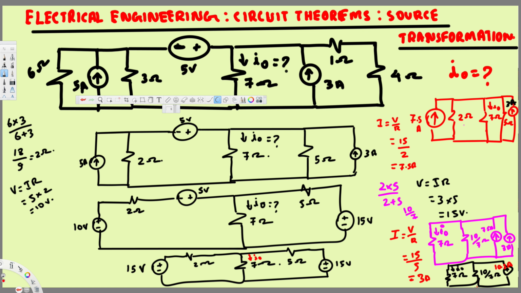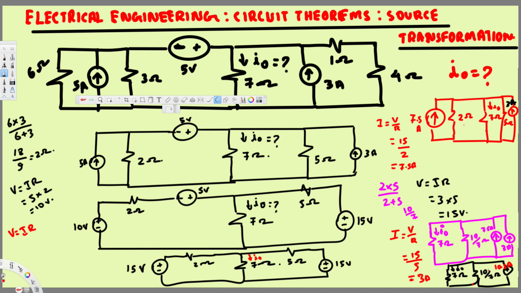Now let's see what we can do with this, and still it is not very simple. To simplify this one, we can again transfer it into a voltage source and resistance in series. To do that, again V is equal to IR.